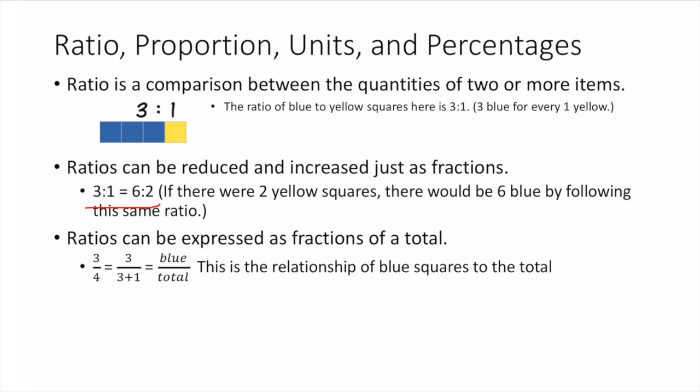So if we were looking at the amount of squares here and trying to decide what percentage or what fraction the blue squares would be, we would just end up with the amount of blue divided by the total amount of squares. Okay, so in this case, it'd be 3/4 of these squares, or 75% would be blue.